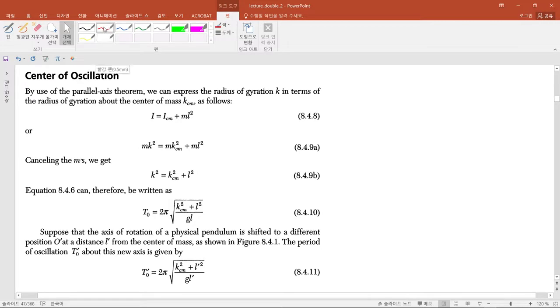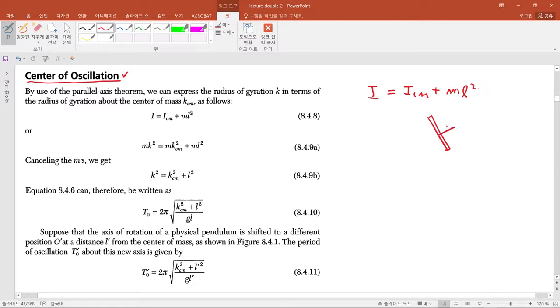Now, let's talk about the center of oscillation. In the text it is defined as follows. We know that I, using the parallel axis theorem, is given by I center of mass plus m l squared, where l is this distance here.